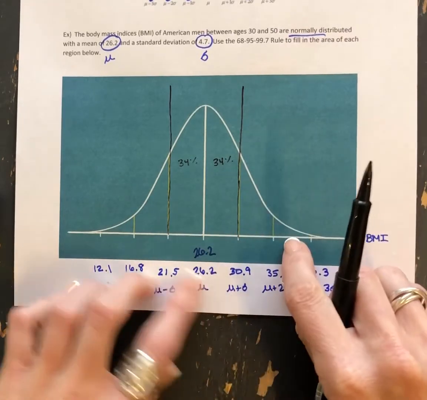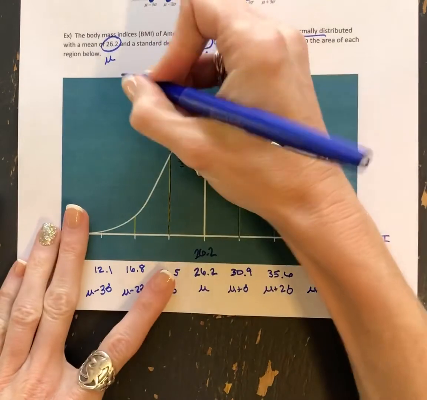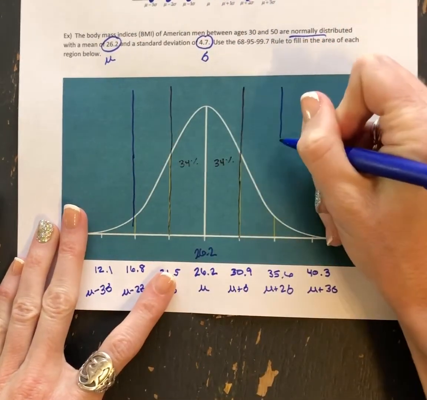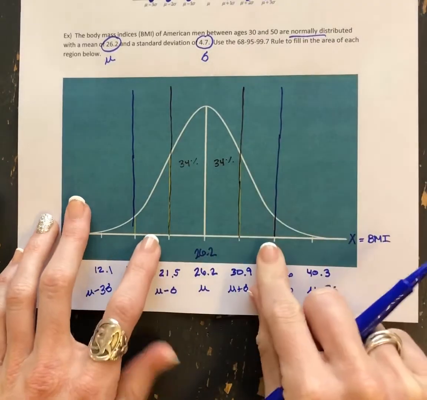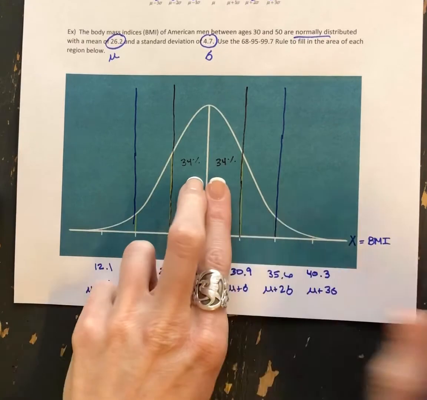Next, we know that by the time we get out to 2 deviations, we have about 95% of the data. So by the time we're out here and out here, we're at 95. Well, we already know that 68% is here in the middle.